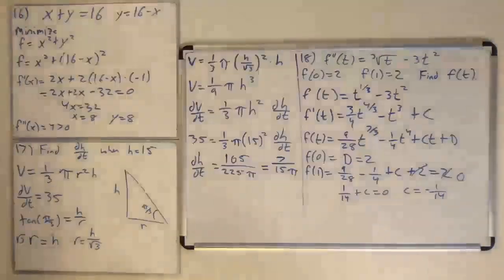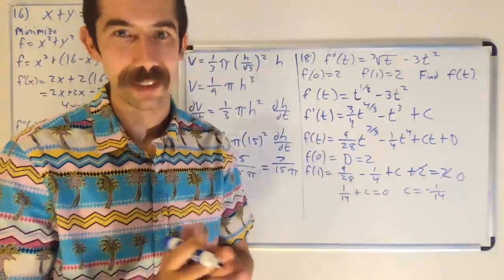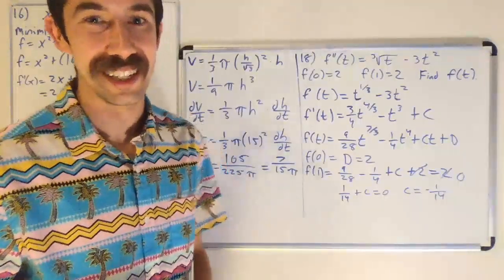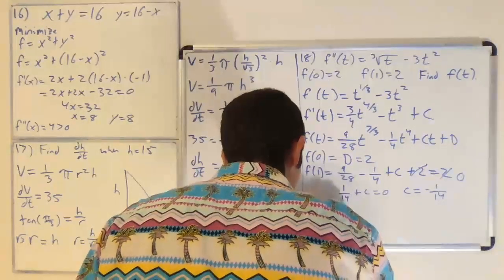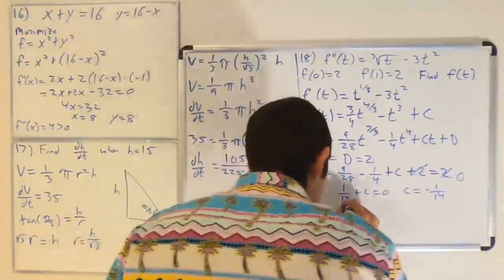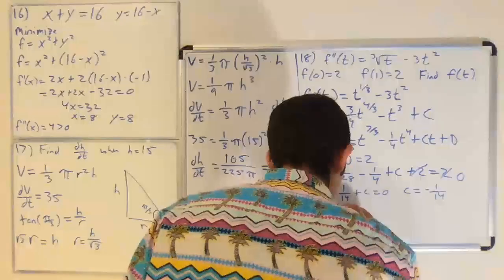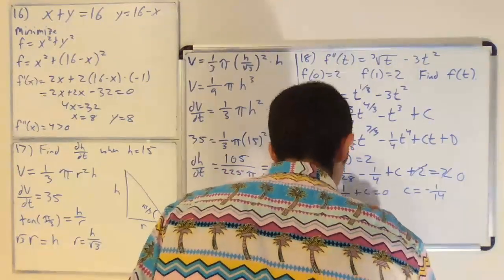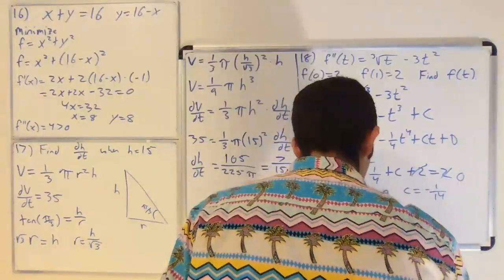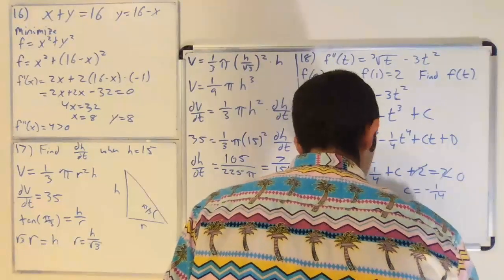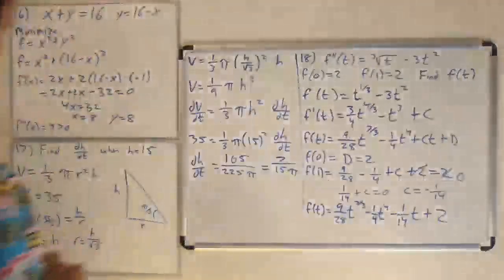Let's write out our final answer of the final question of the final exam of Calc 1. Hopefully you all passed Calc, so you don't have to do this again. Okay, so f of t is equal to 9/28 t to the 7/3 minus 1/4 t to the 4th minus 1/14 t plus 2.